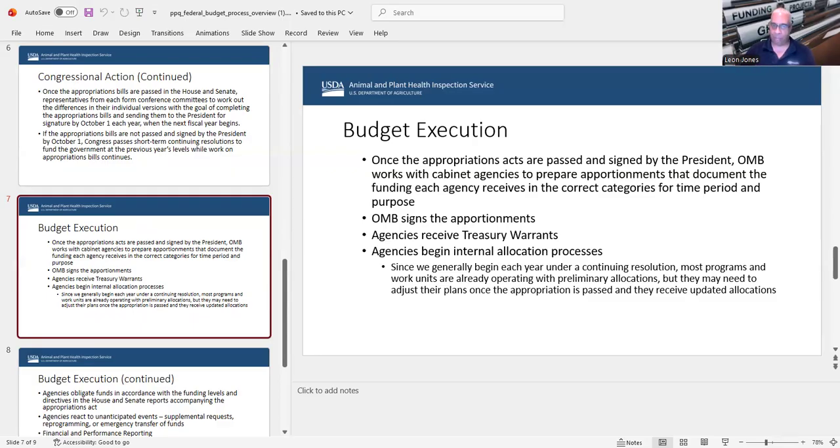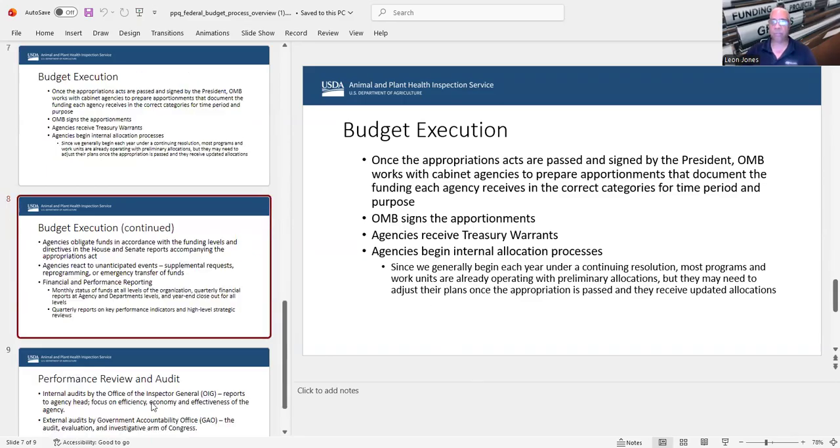And after that, agencies begin the internal allocation processes. Since we generally begin each year under a continuing resolution, most programs and work units are already operating with preliminary allocations, but they may need to adjust their plans once the appropriation is passed and they receive updated allocations.